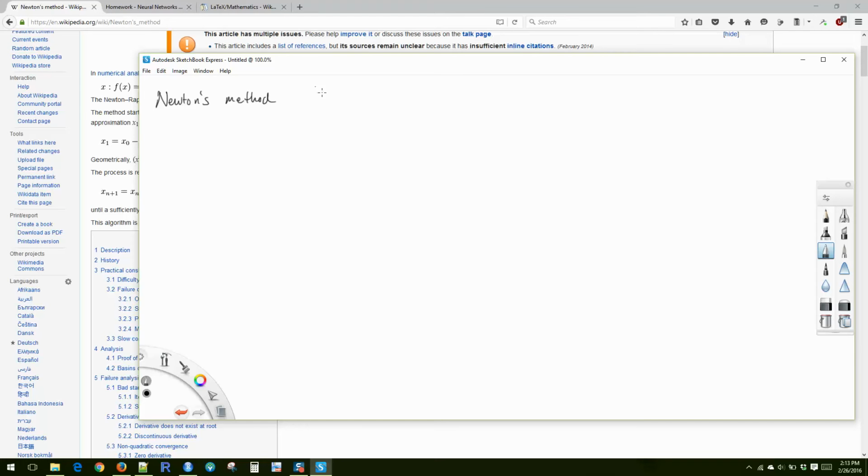Newton's method, you know, this is from calculus, is a way for us to find the roots of a function, or basically where the function is equal to 0.